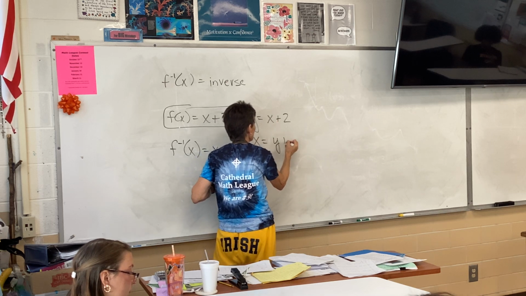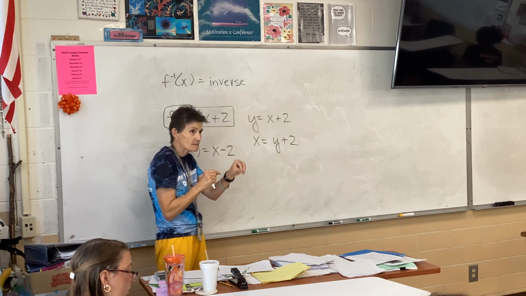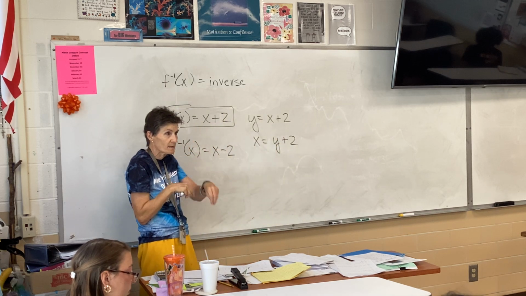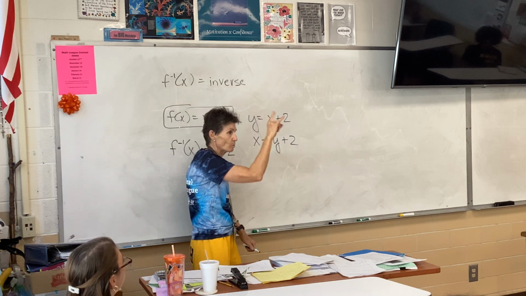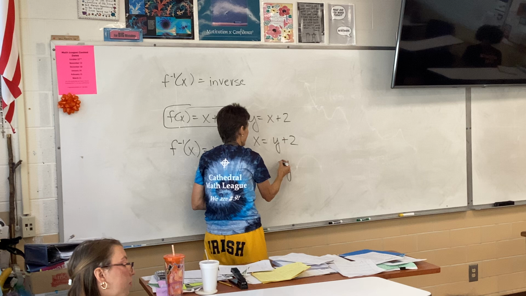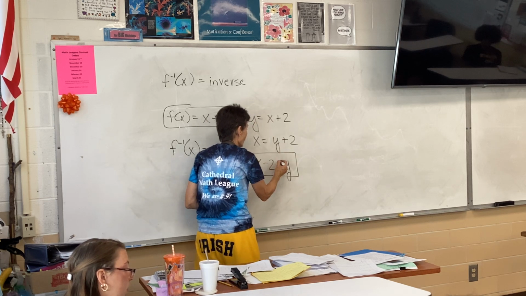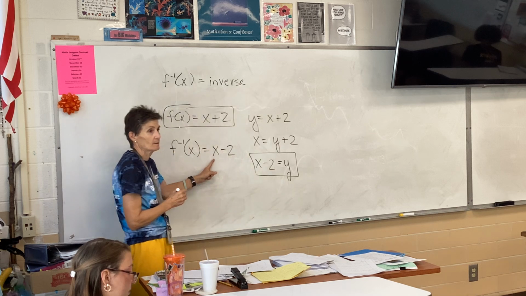So I am going to make this an x and this a y. All the x's become y, all the y's become x. That's the inverse relationship. Now I'm going to solve for y. And do you see what happens when I solve for y? What do I end up with? Exactly what I thought the inverse would be.